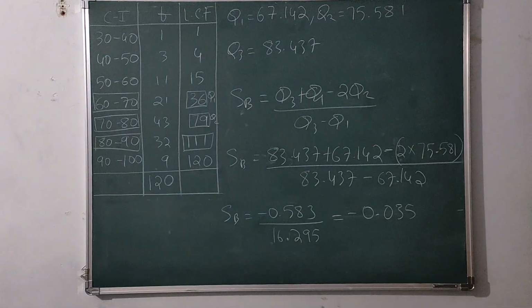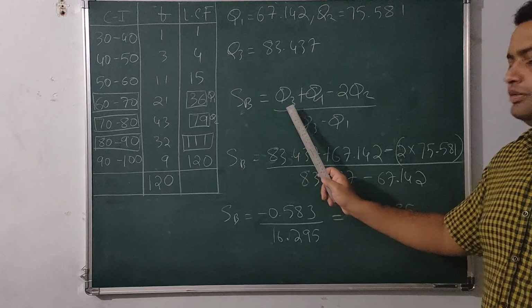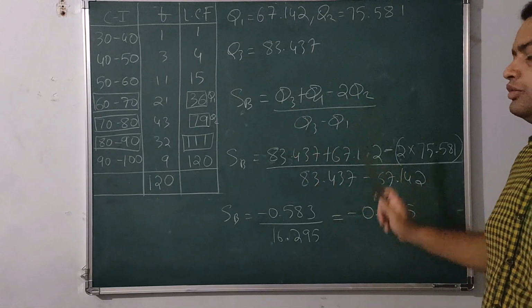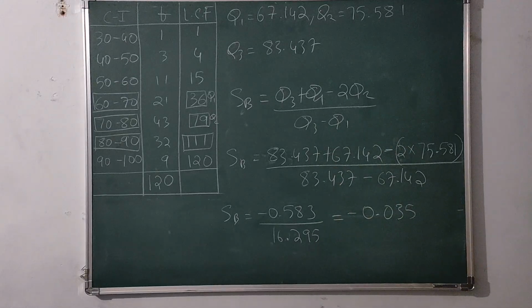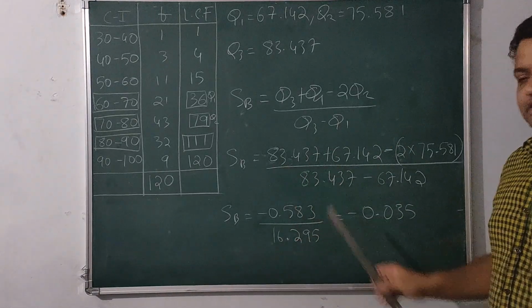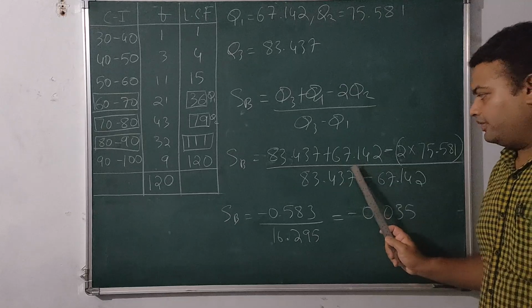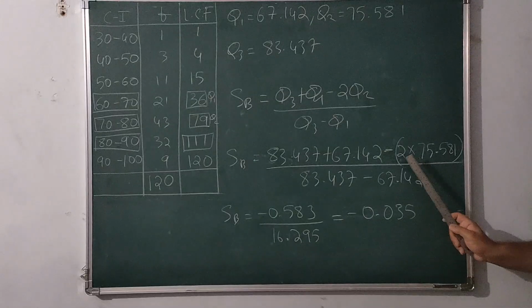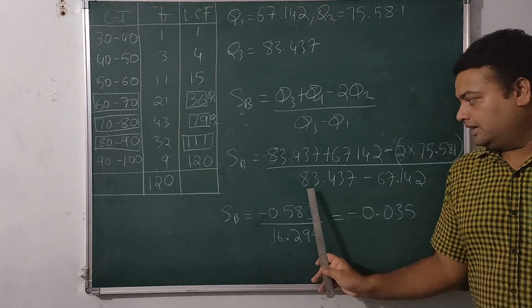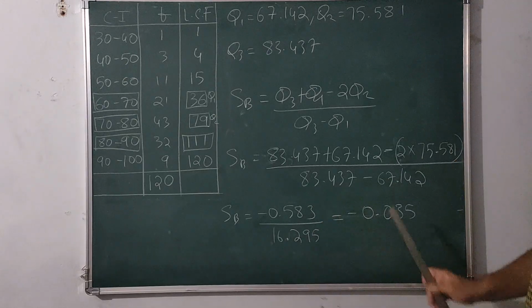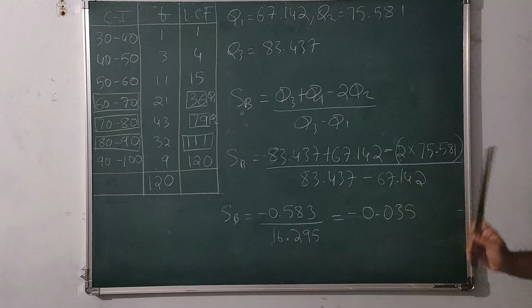Therefore, Bowley's coefficient of skewness is given by Q3 plus Q1 minus 2Q2 divided by Q3 minus Q1, that is 83.437 plus 67.142 minus 2 into 75.581 divided by 83.437 minus 67.142.